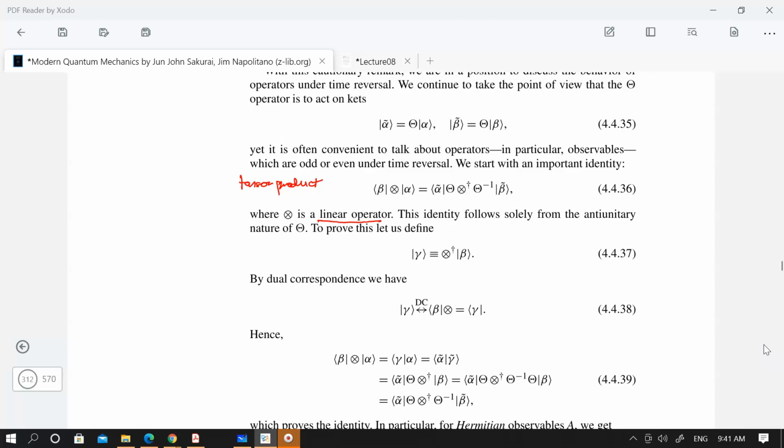So if you see this symbol here, you can actually replace it by another symbol. Let me just write it down over here, I have plenty of white space. Beta, so I'm going to write L to be a linear operator.